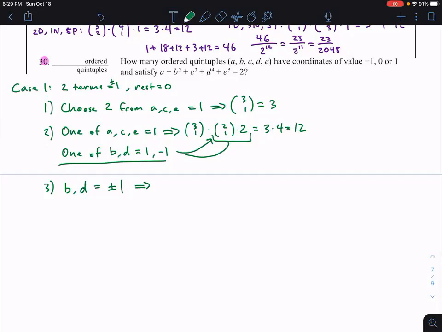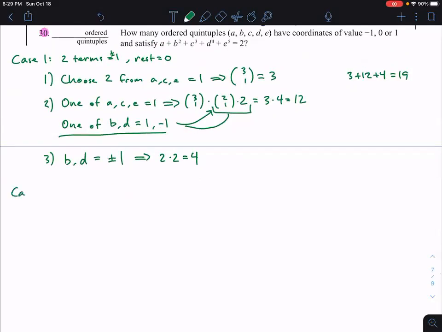There are 2 times 2 ways of doing this, because B can be either -1 or 1, so that's 2 possibilities, and D can also be either 1 or -1. So this is all for case 1. Now we just add up all of these. 3 plus 12 plus 4 is 19.